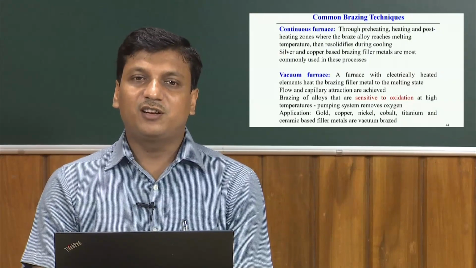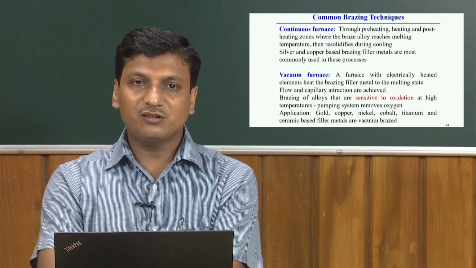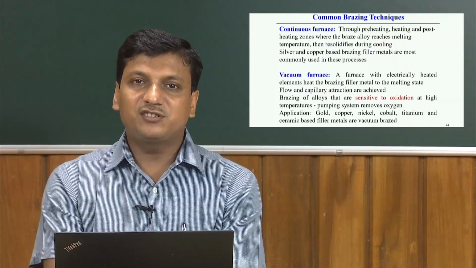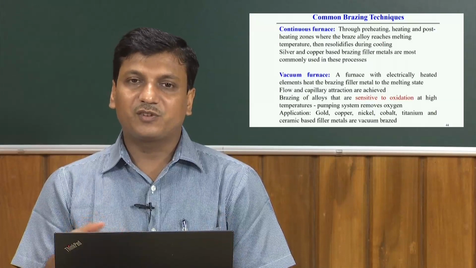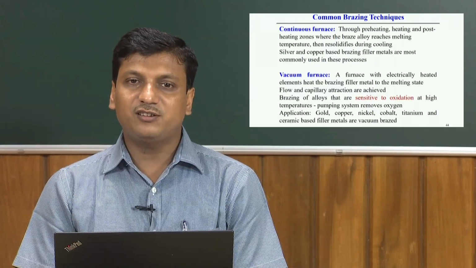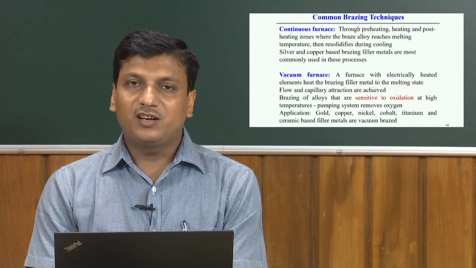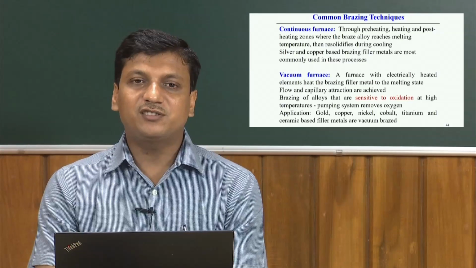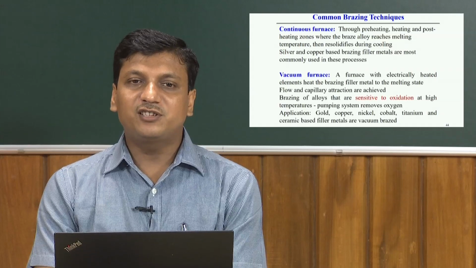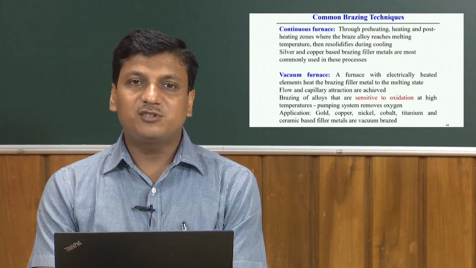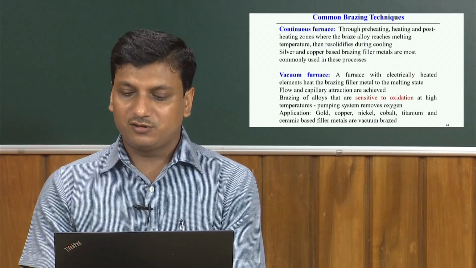The pumping system removes the oxygen from the zone where the workpiece is kept. In this case we also find applications of gold, copper, nickel, cobalt, titanium and ceramic based filler materials, which are vacuum brazed.